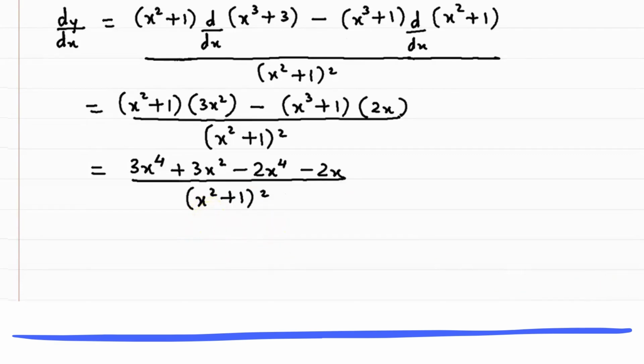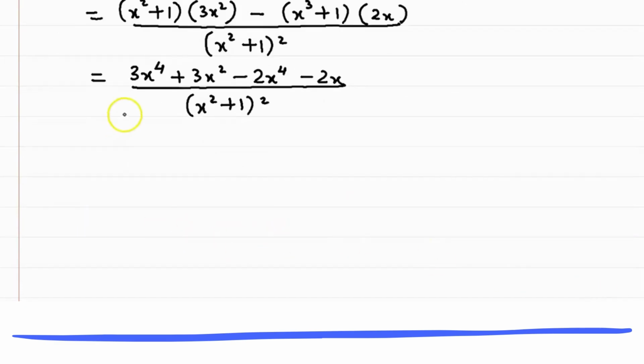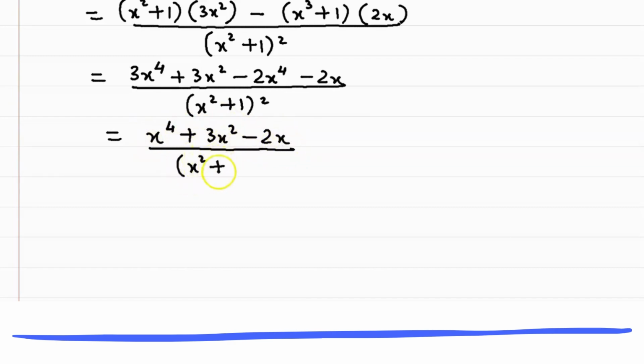Now if we simplify this further, we get 3 times x raised to 4 minus 2 times x raised to 4 is simply x raised to 4, plus 3x square minus 2x, divided by x square plus 1 the whole square.